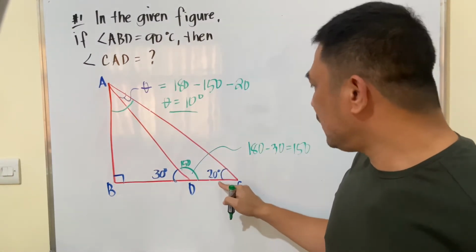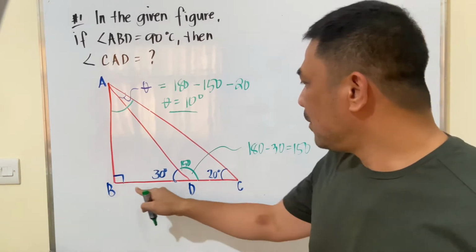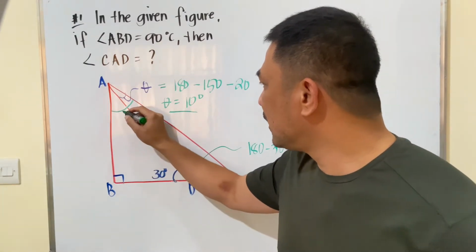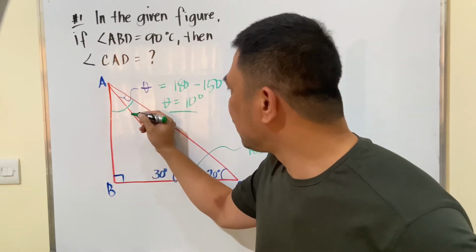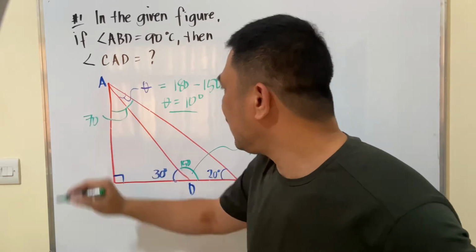180 minus 20, that's 160 minus 90 here, that means this total angle here must be equal to 70, right?